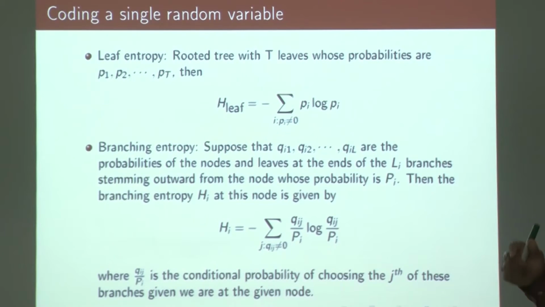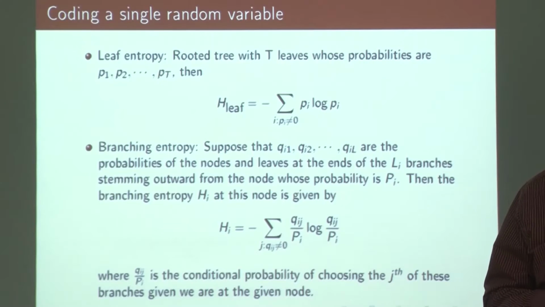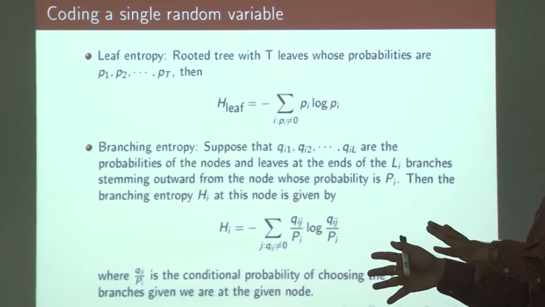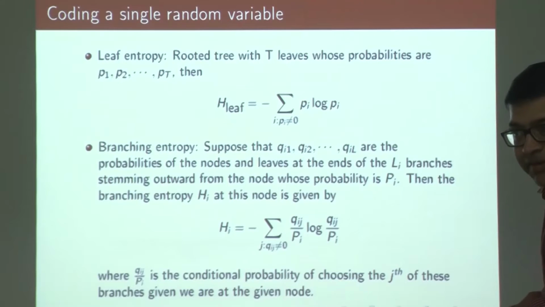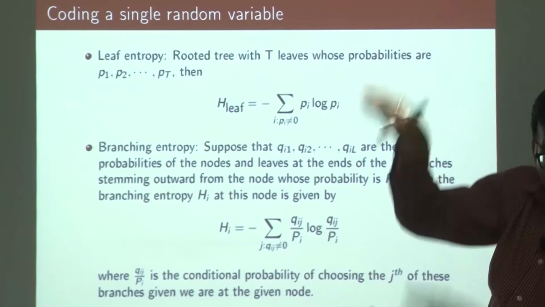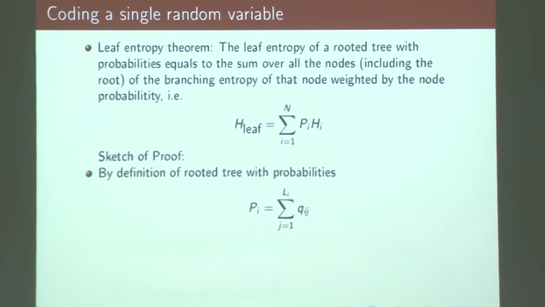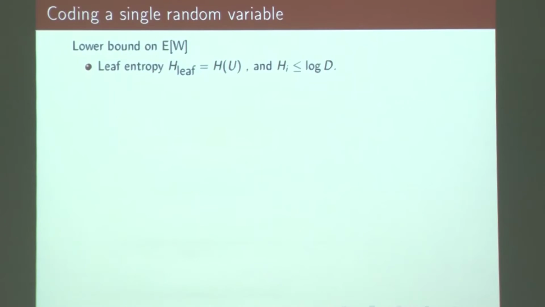Our output code word we are basically considering as a D-ary code word, right. So, D. And what did we say about the entropy of a discrete random variable? It is lower bounded by 0, upper bounded by log of the number of possibilities. Here the number of possibilities is D, because our output code word is a D-ary code word. So, it is upper bounded by log of D. So, these two things are clear.